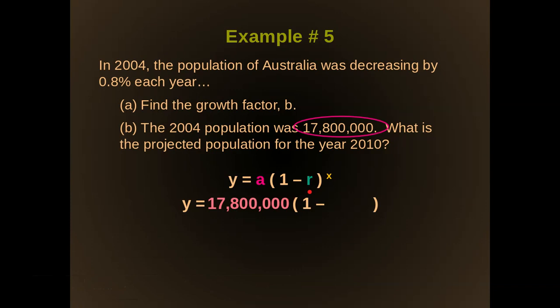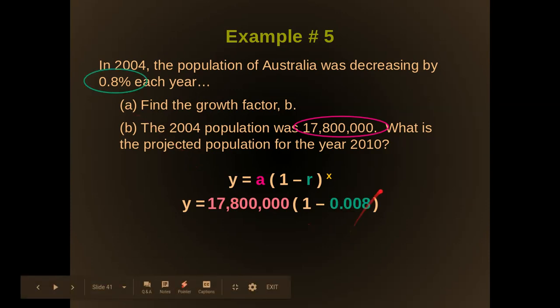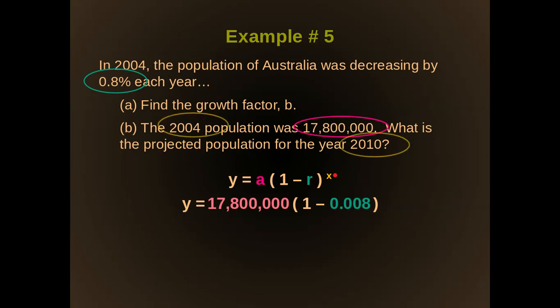And then our rate is 0.8%. So if we move that decimal 2 places to the left, that would become 0.008. The x, so our exponent, is about how much time has passed. If we go from 2004 to 2010, that's a total of 6 years.